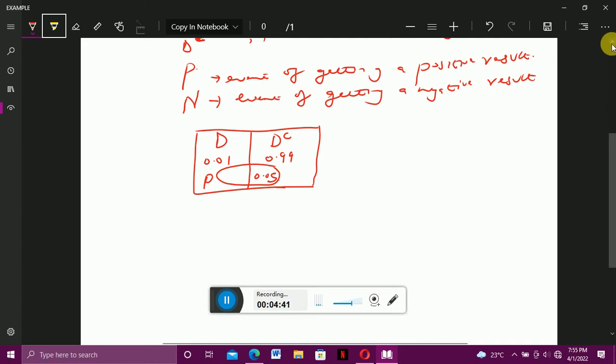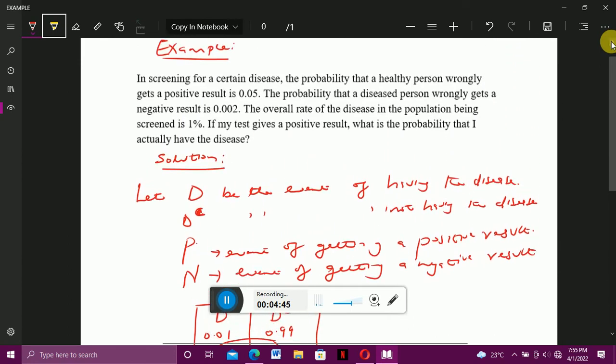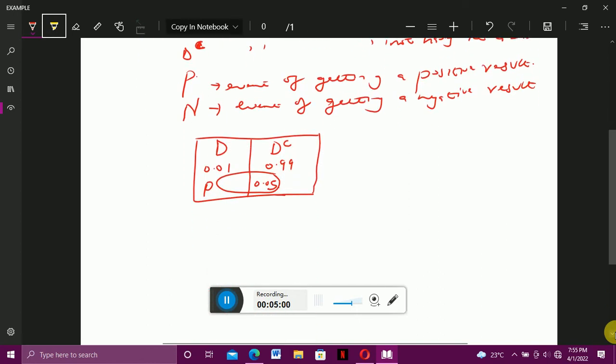Then the probability that a person wrongly gets a negative result is 0.002.